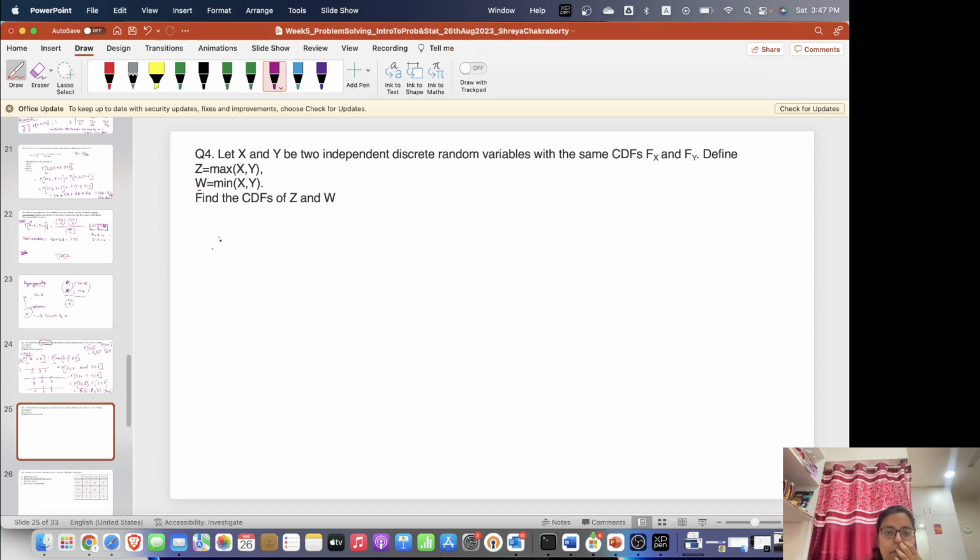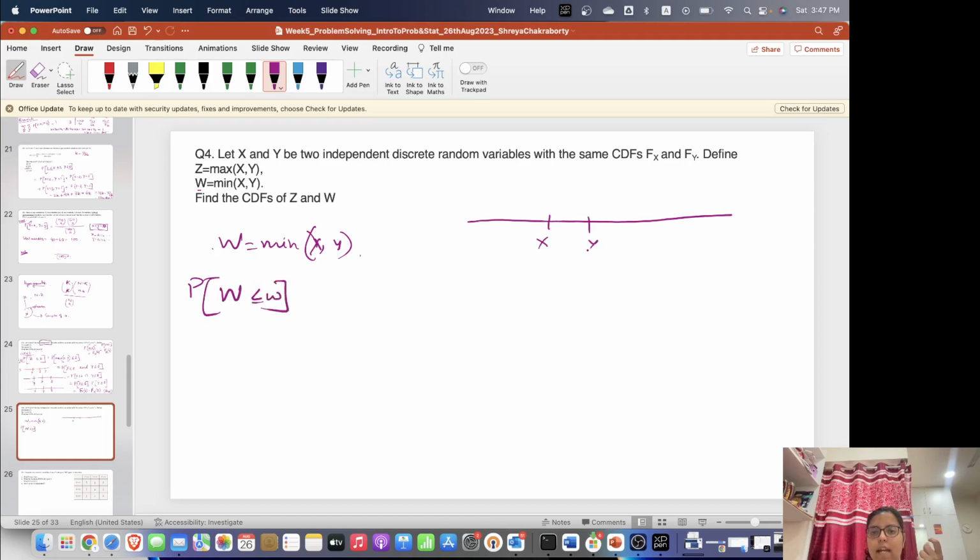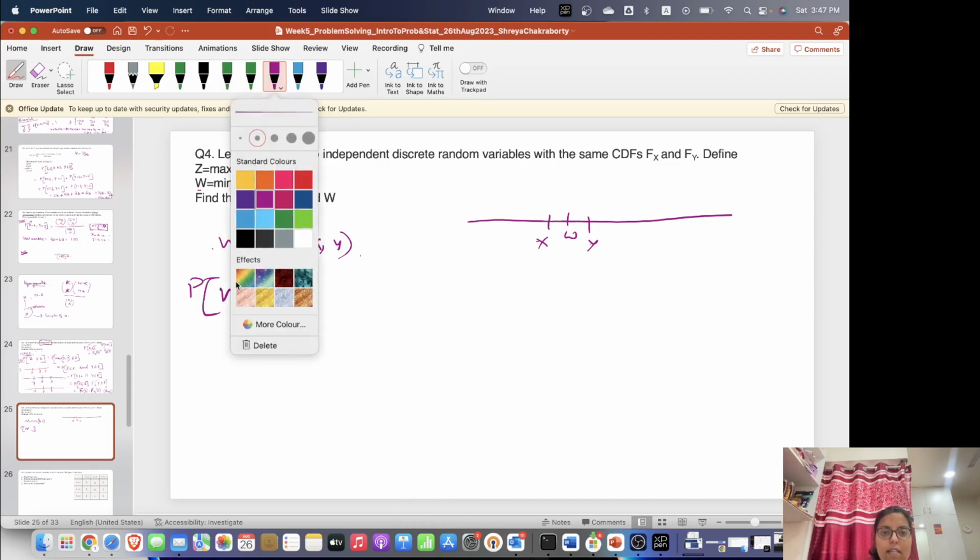Here W is the minimum of X and Y. The minimum being less than or equal to w means X and Y can be here, the minimum of this should be less than w, so this case can also come here. For the minimum, this sort of thing is very difficult to navigate. We have to take three different cases. So for the minimum, instead of taking less than or equal to, we will find the converse, which will make our case easier.